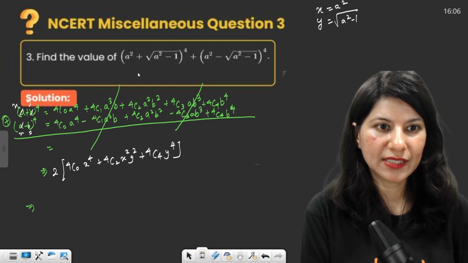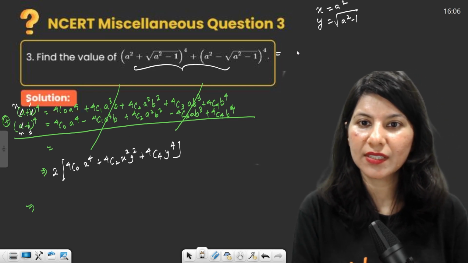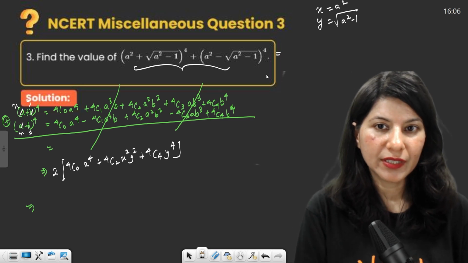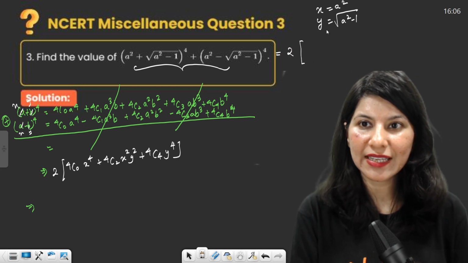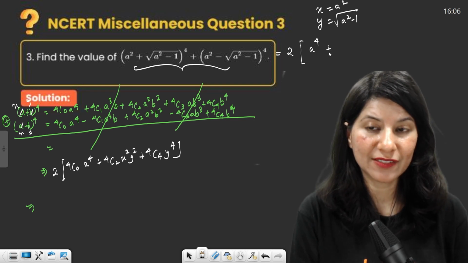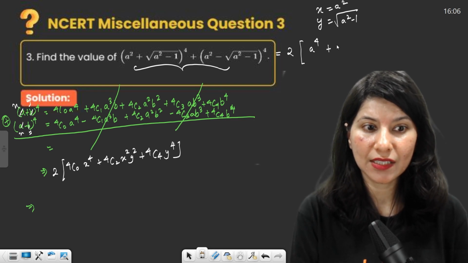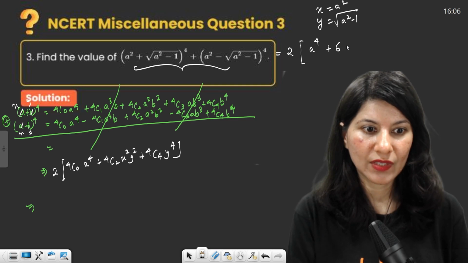So now this will be equal to, understand, if you plug in the value, it will be 2, 4c0 is 1, x raised to power 4, that is a raised to power 8, plus 4c2 is 6, x squared y squared.